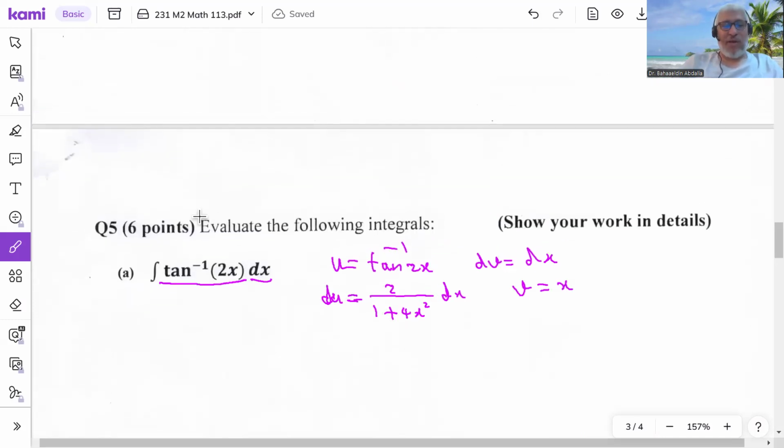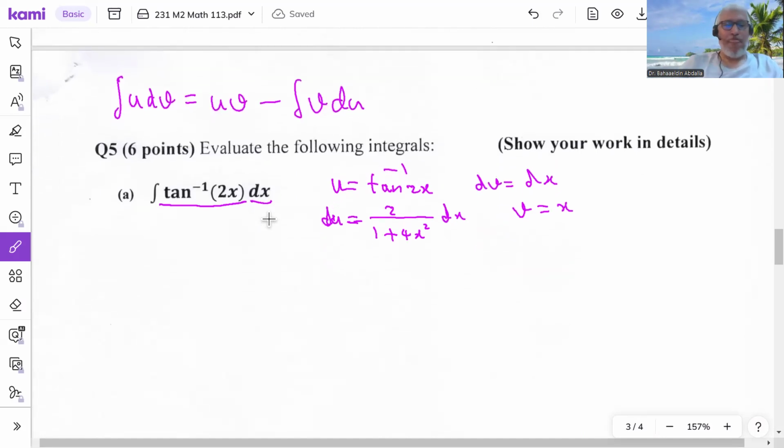Now we know the formula of the integration by parts. Integral of u dv is equal to uv minus integral of v du. So if I call this integral I, it would be equal to uv. So multiply u times v.